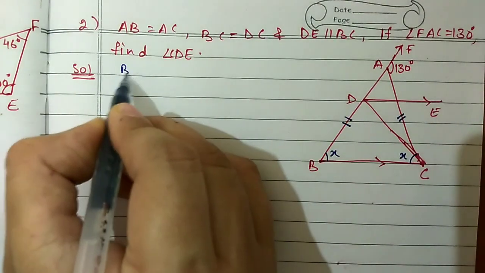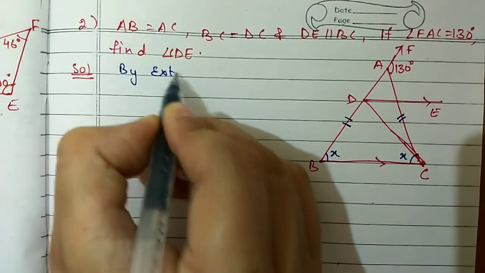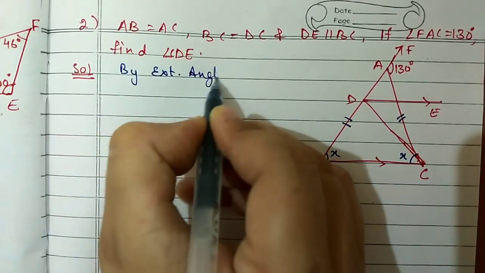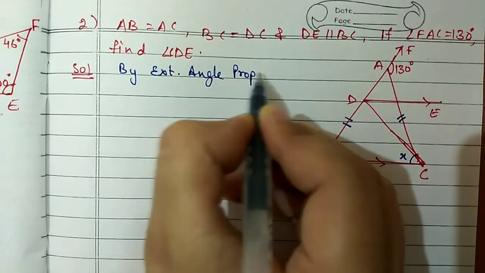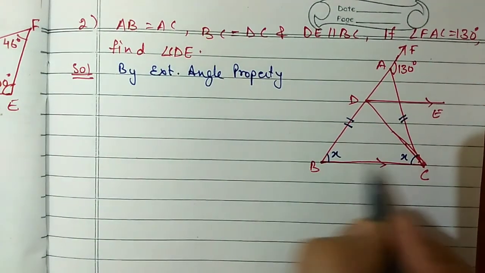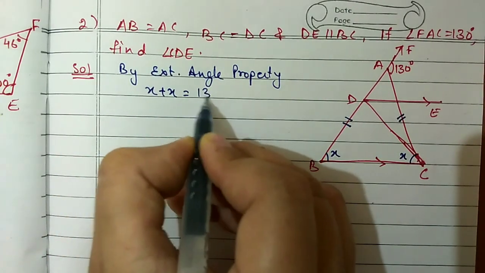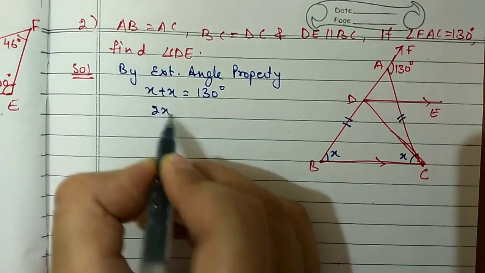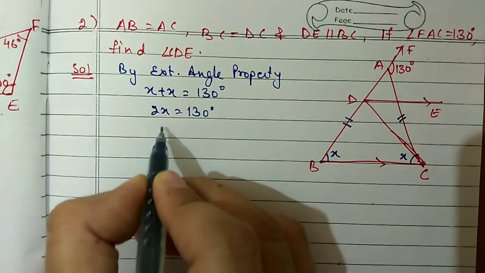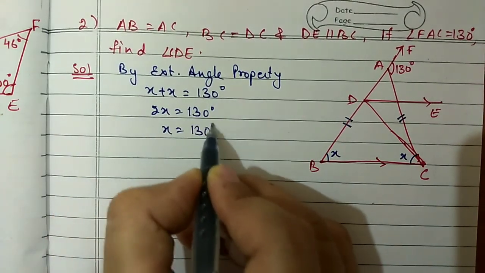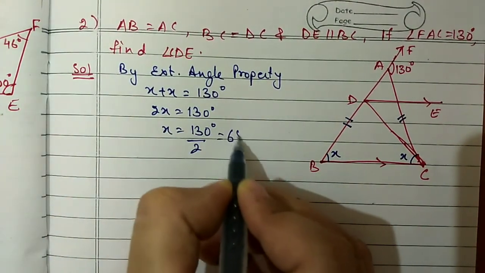By exterior angle property, sum of opposite interior angle means X plus X will be equal to 130 degree. So 2X is equal to 130 degree. So X value will be 130 by 2, 65 degree.